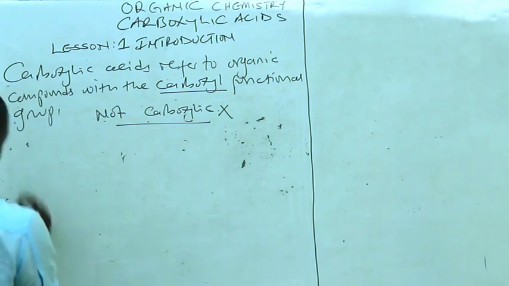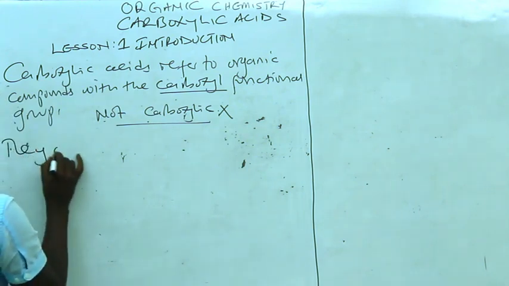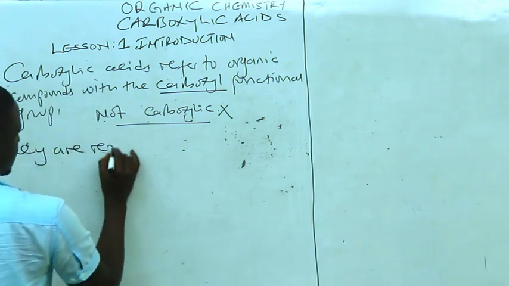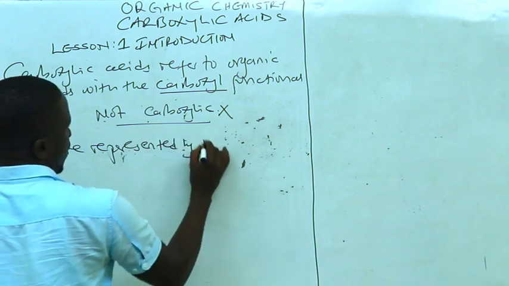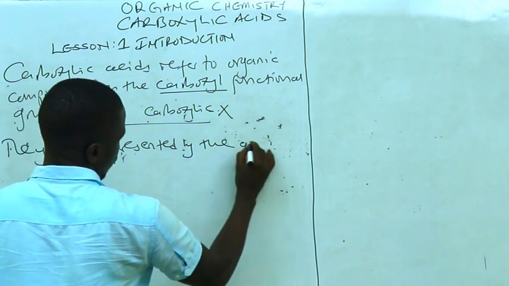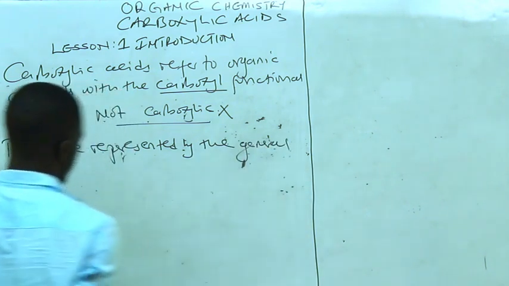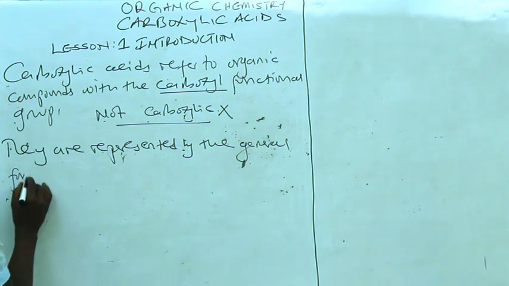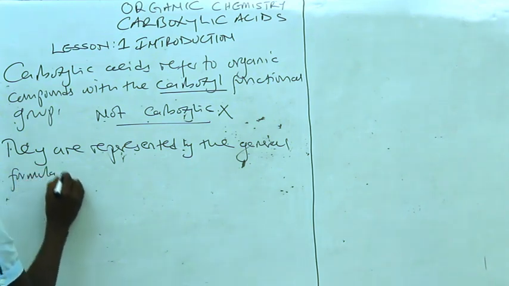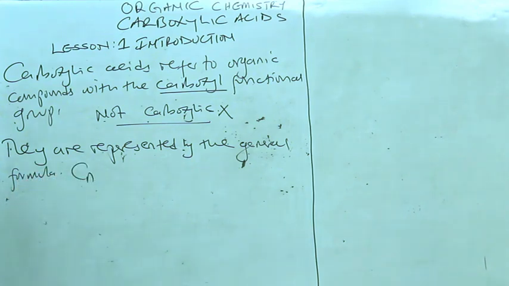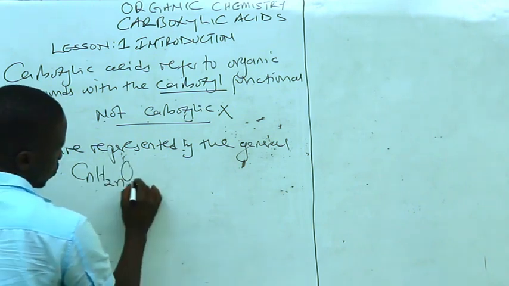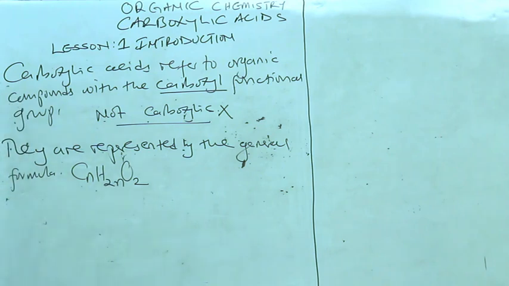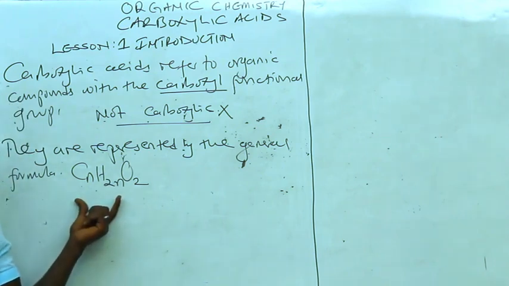They are generally represented by the general formula CnH2nO2. This is the general formula of the carboxylic acids.